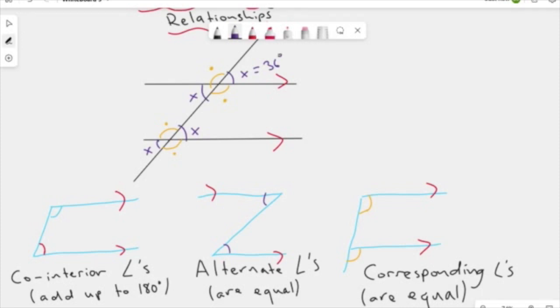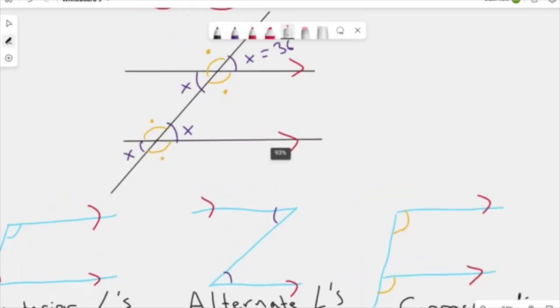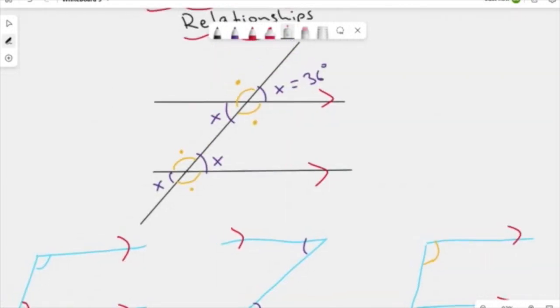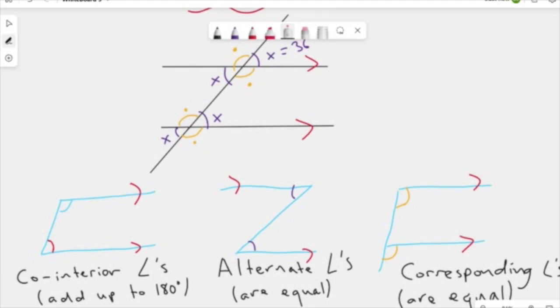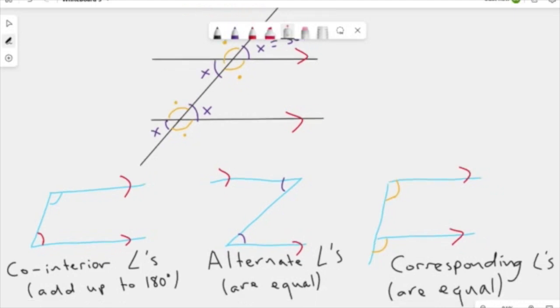Using angles on a straight line, vertically opposite angles, and our co-interior, alternate, and corresponding angles, we can use this one thing we know, one angle that we're given, to find 7 unknown angles. I think that's kind of cool. But have a go at working through this particular example when X equals 36, and with the current tools you have, I think you'll be able to comfortably answer this question.